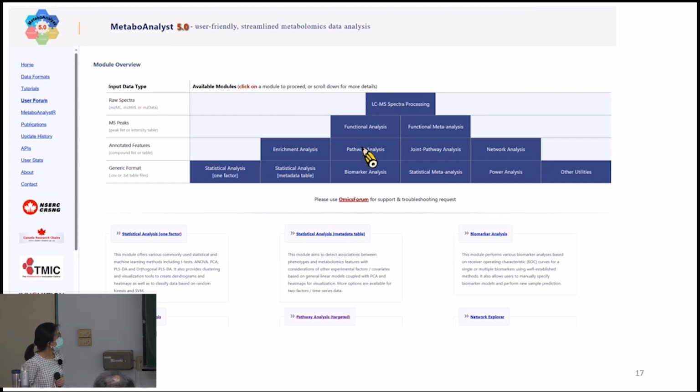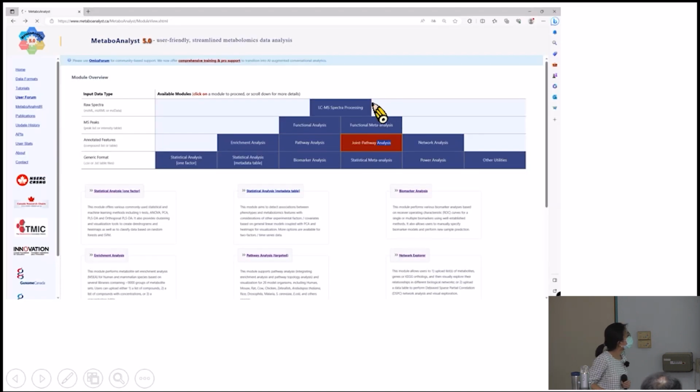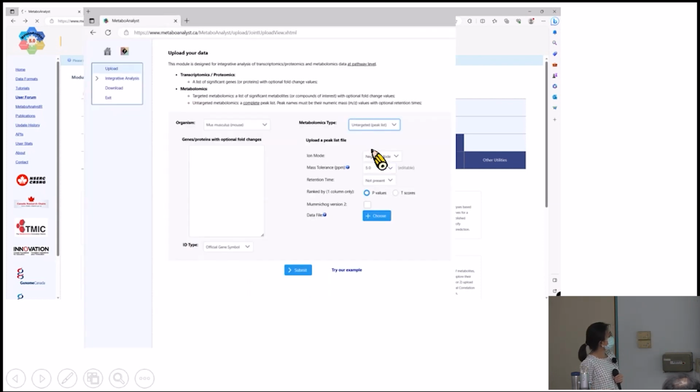You can also identify pathways based on your metabolite changes, and identify biomarkers, along with many other different tools. For example, let's demonstrate the joint pathway module today.